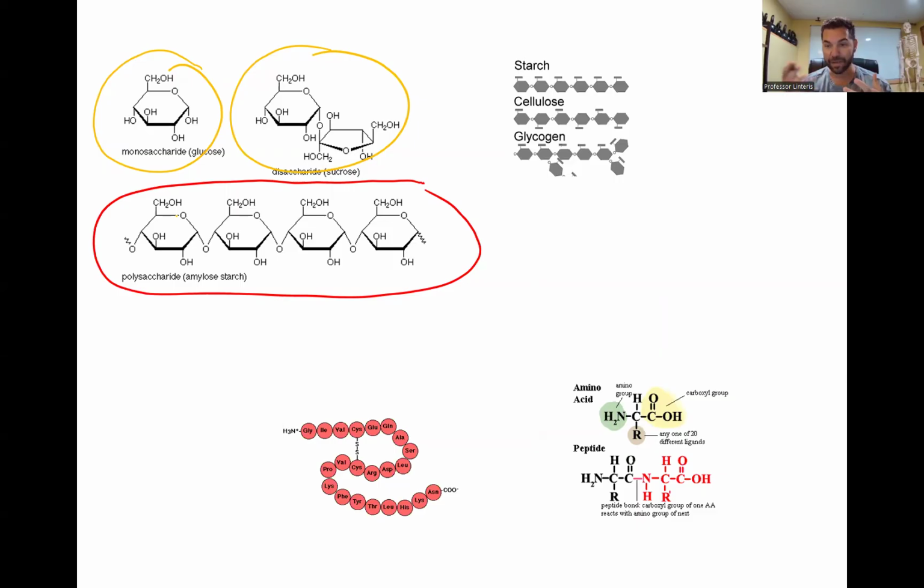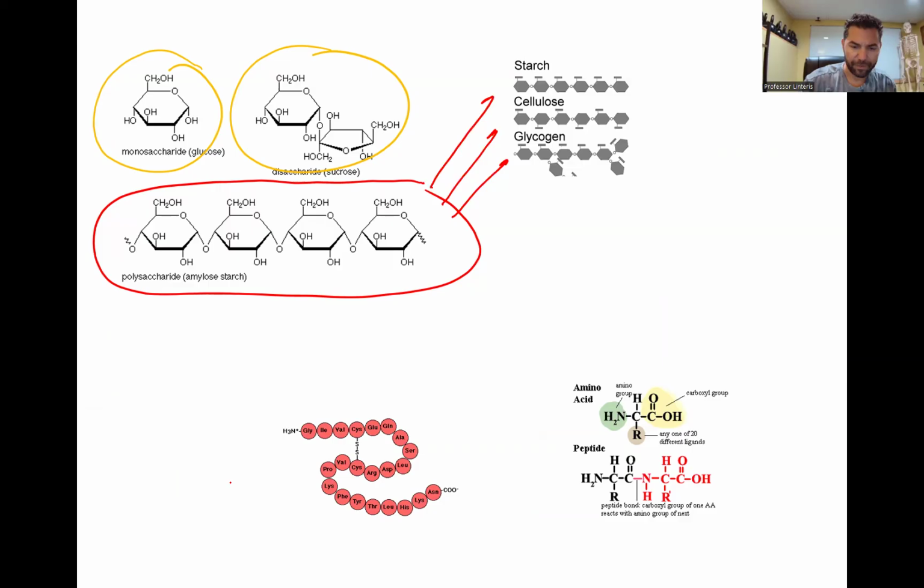So depending on how many of these are connected together, it could be a monosaccharide, disaccharide, or polysaccharide. These are your examples of polysaccharides. We talk about glycogen all the time, cellulose in reference to fiber, and obviously starch, which is food that we would consume, which is a polysaccharide created by a plant. But you could just see big chains of sugar.